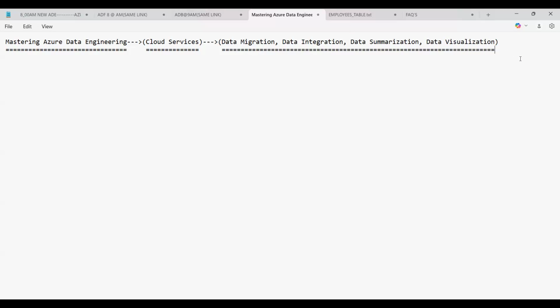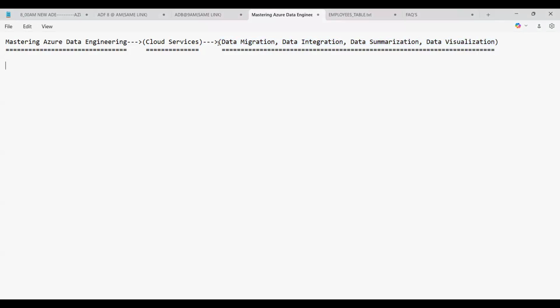To understand what Azure data engineering does, first we have to understand what these four things are. If you understand these four things, then you know the whole of data engineering.